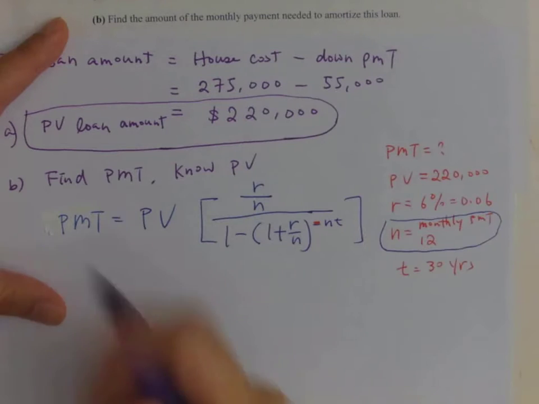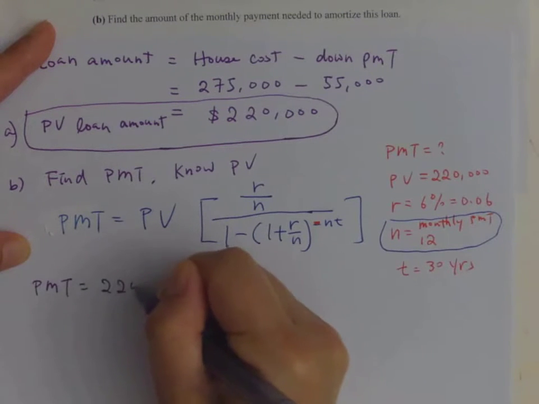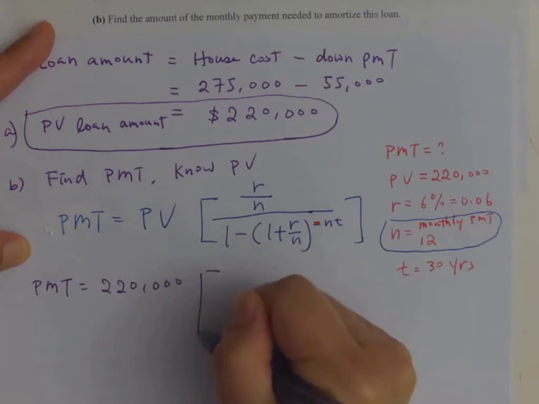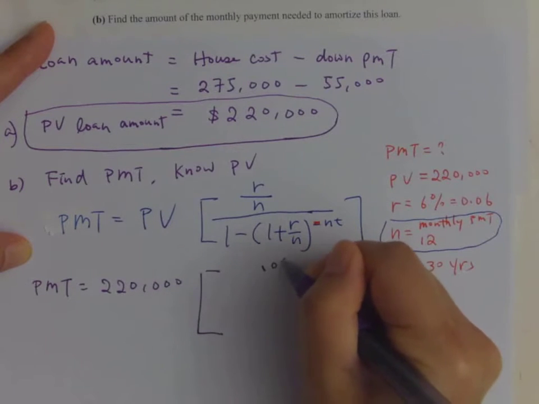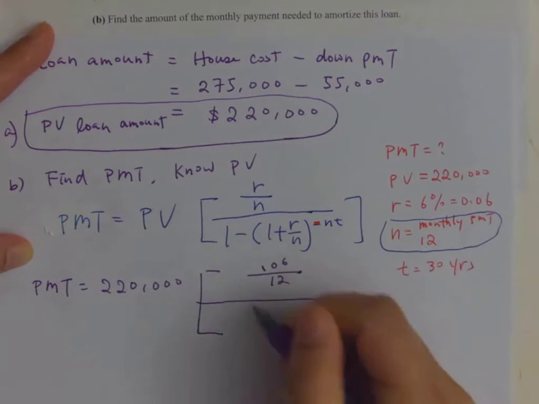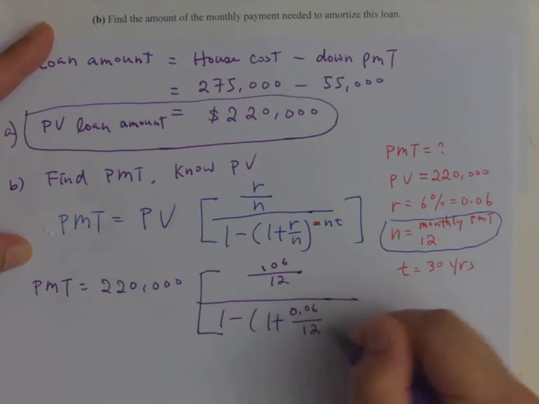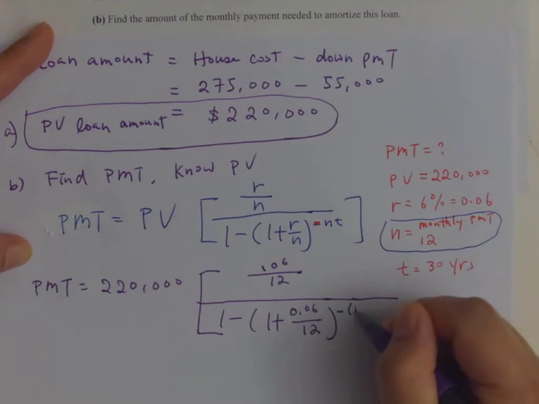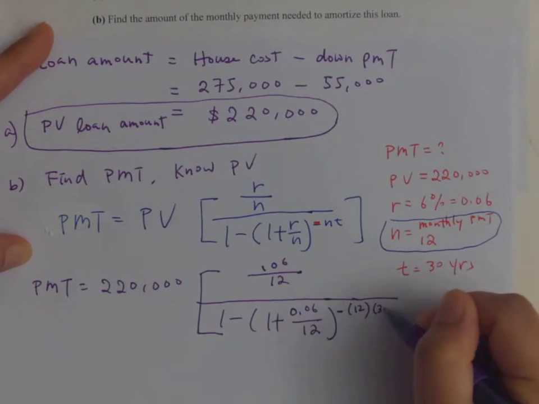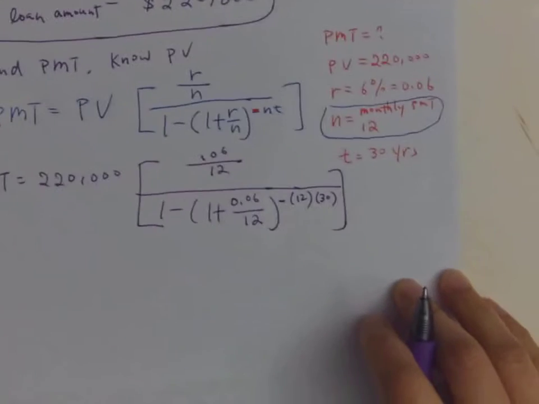The payment is going to be 220,000 times 0.06 divided by 12, over 1 minus 1 plus 0.06 divided by 12, raised to negative 12 times 30 years.